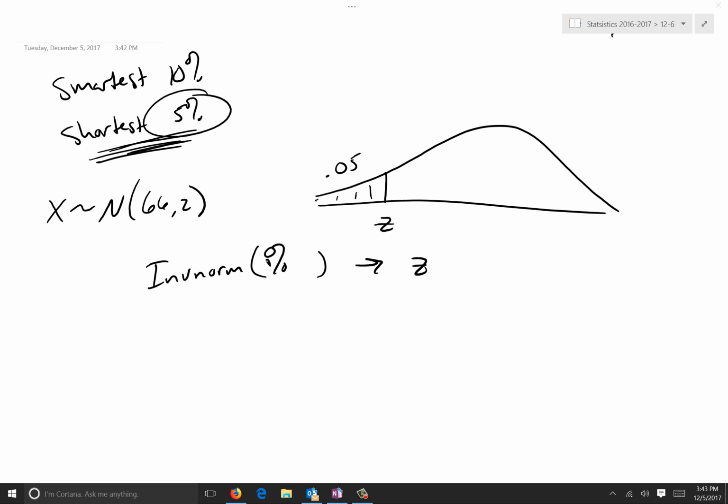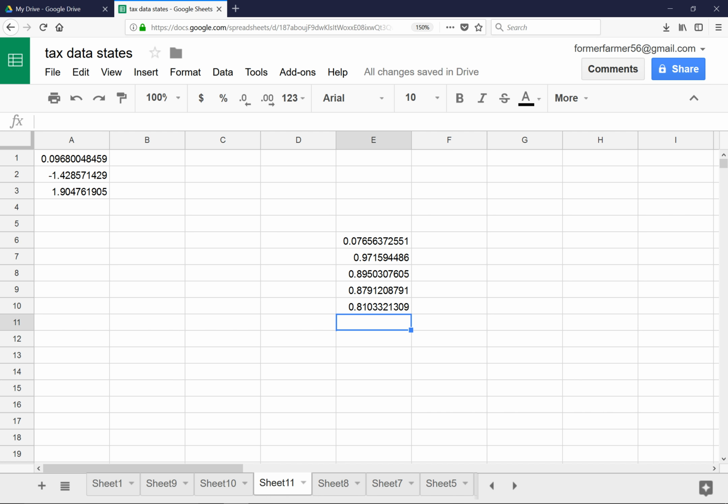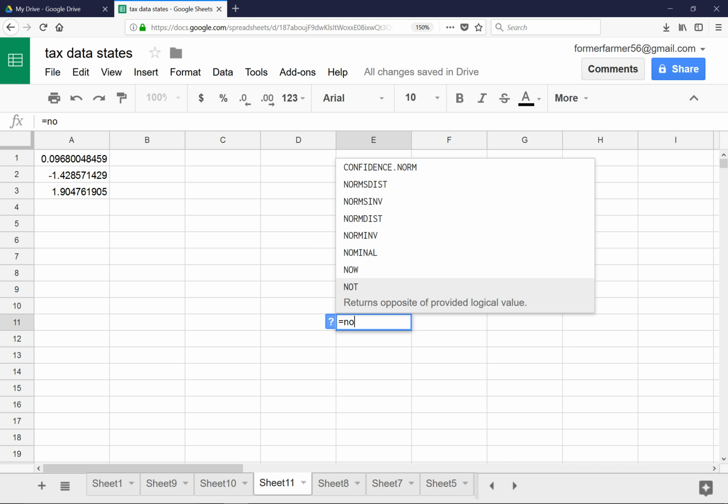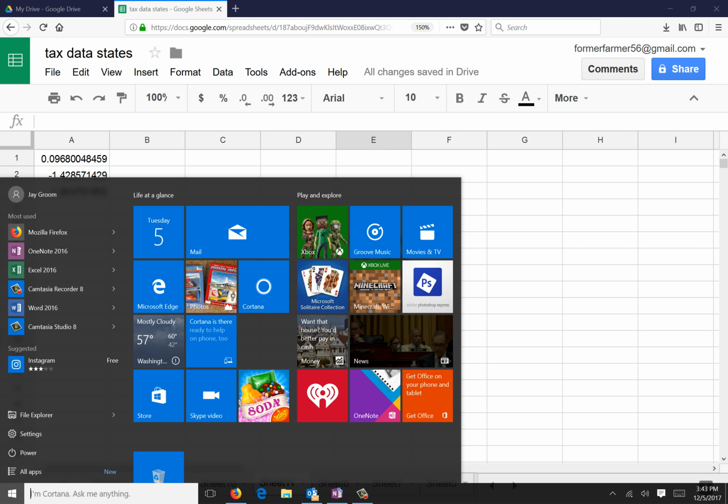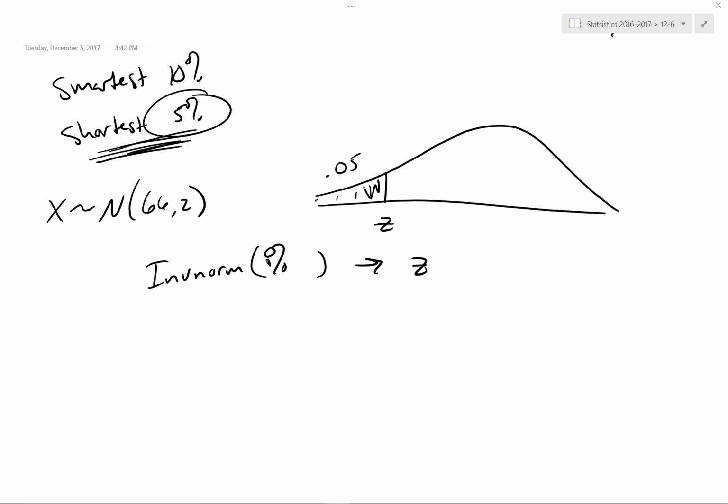Okay? Now, how does that work on this deal? Well, it turns out it's equals norm s inverse. Do you see it? Boom. And it's always the area to the left. So negative 1.64, area to the left. So my z-score is negative 1.64.